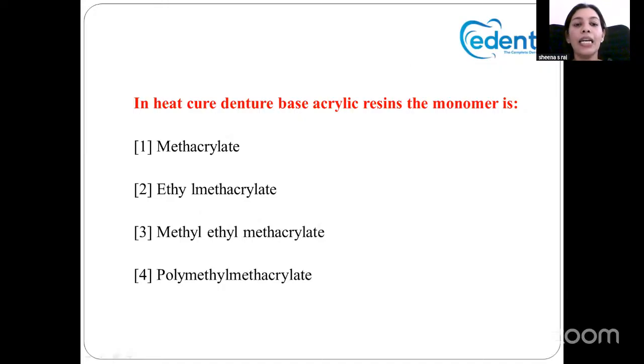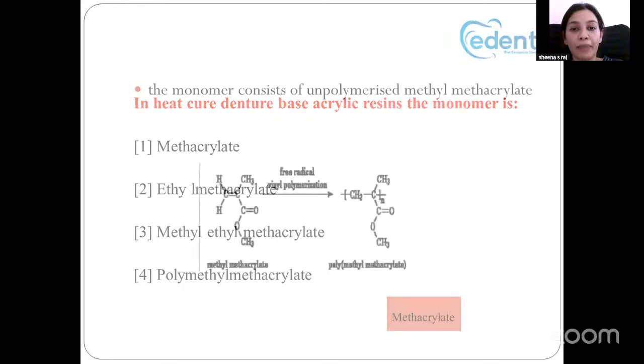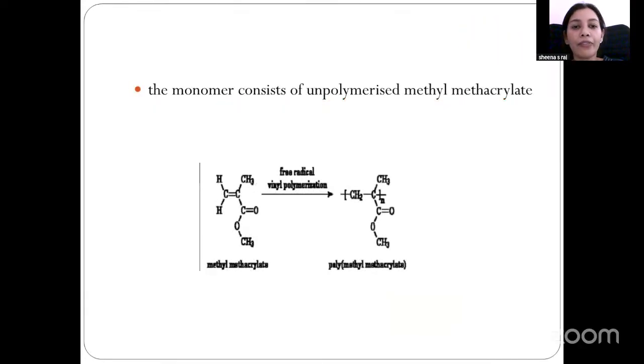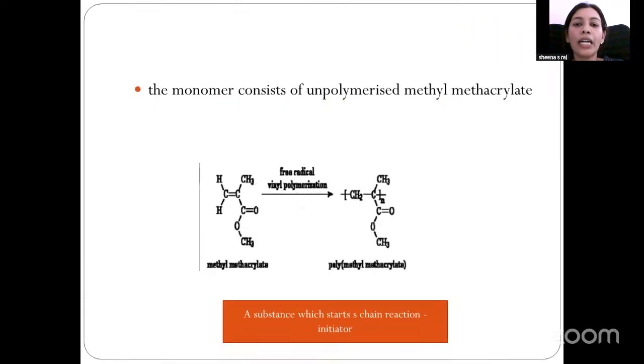Next question: in heat cure denture base acrylic resin, the monomer is. We have already discussed the heat cure and also the self-cure dental acrylic resin. The monomer is methyl methacrylate. Heat cure denture always has methyl methacrylate. The monomer is unpolymerized, so we need an initiator which will start the polymerization reaction.